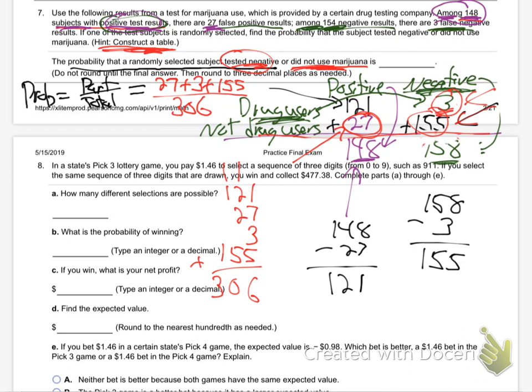When it says the subject tested negative, well, these people tested negative, right? They're drug users that tested negative. These people tested negative. They're non-drug users that tested negative. Or did not use marijuana. Well, these people tested positive, but they did not use marijuana. That's why I included all three of those in my sample.